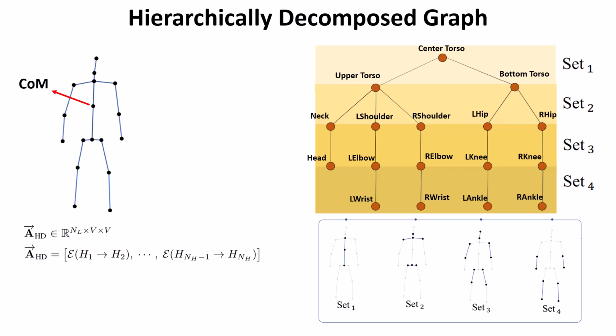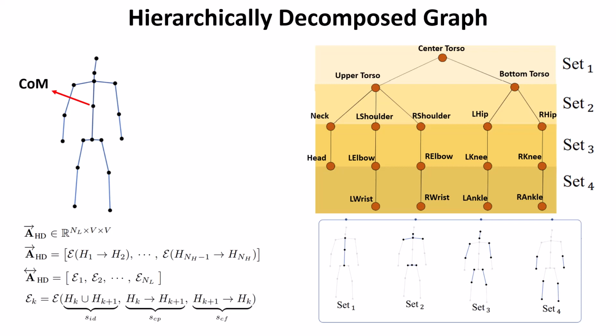So upper torso and bottom torso should pass some information towards the parents, which is the center torso, and this way we can update center torso. And also we need to have some identity edges from one node to itself just to preserve the information it already has. So we can define this bidirectional adjacency matrix that looks like this.